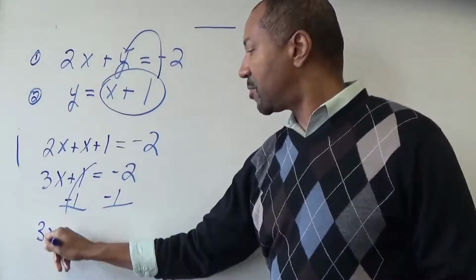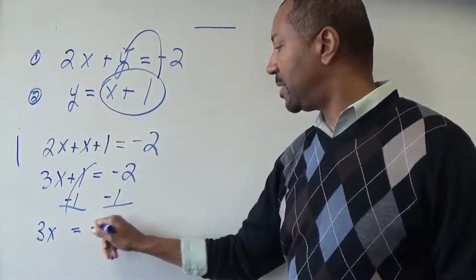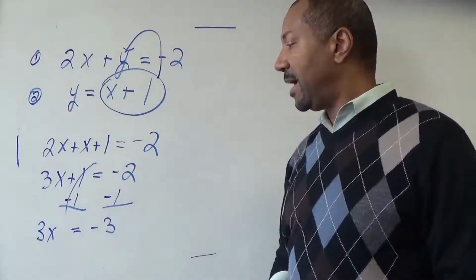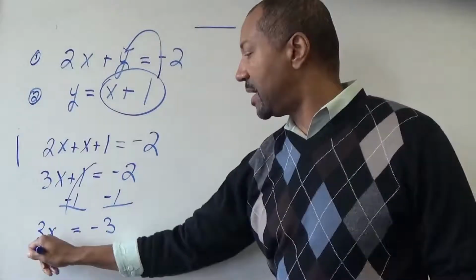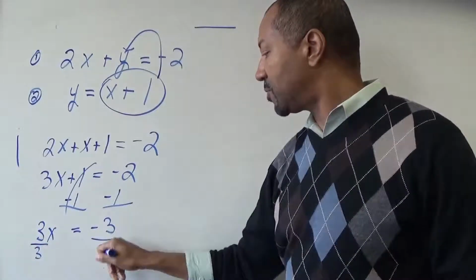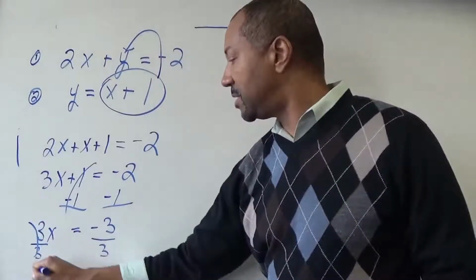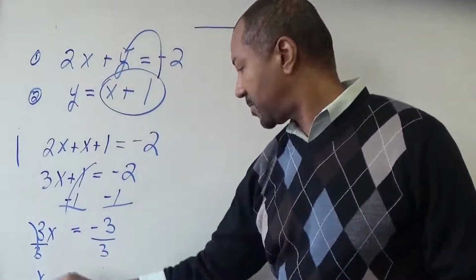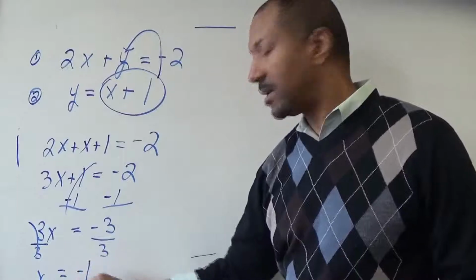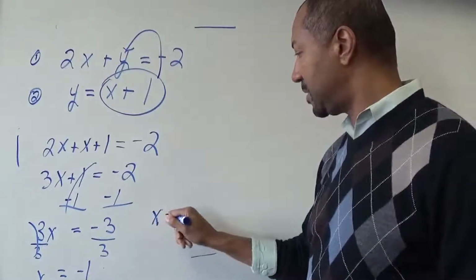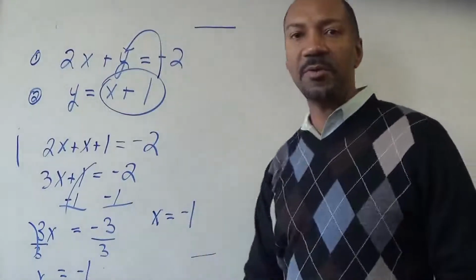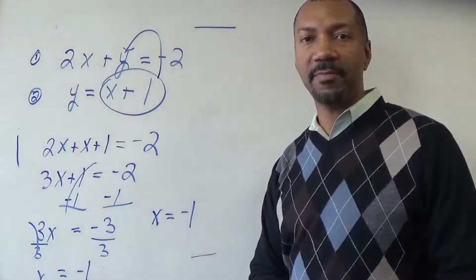That leaves me with 3x being equal to -3. And my last step will be to divide by 3 on both sides of my equation. And that leaves me with x is equal to -1.